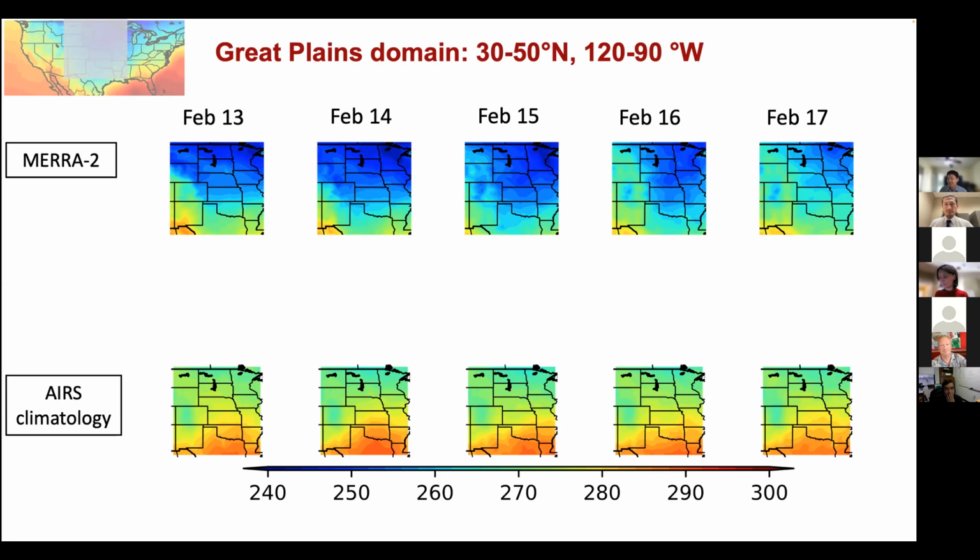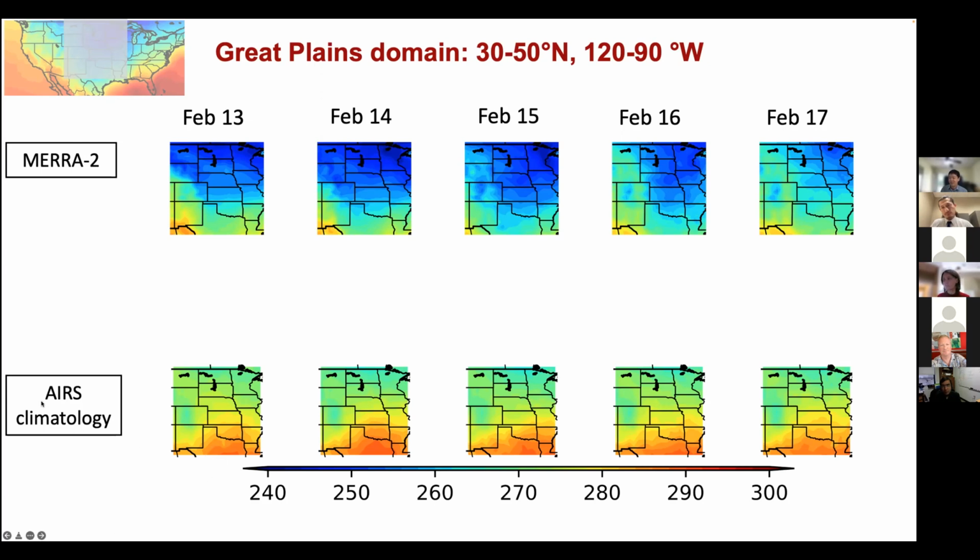The World Meteorological Organization has a definition for climatology: to generate the climatological mean, you need 30 years of consistent observation. Then if you average the observation over 30 years, you can call it a climatology.